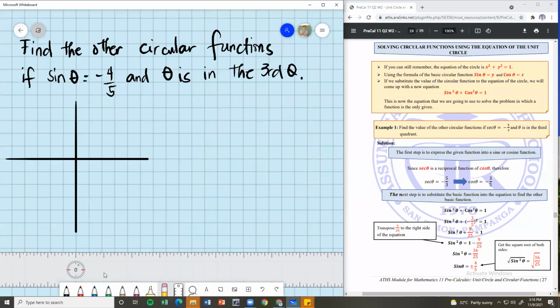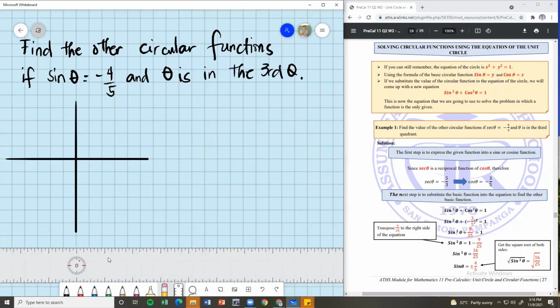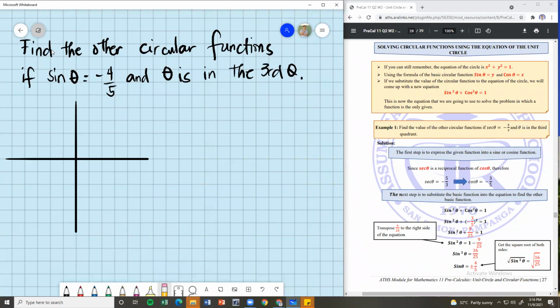And then, next, you have to find the other circular functions if sine theta is negative 4/5 and it is in the third quadrant. So therefore, you need to draw. This is the first quadrant, second quadrant, third quadrant, and the fourth quadrant. Kasi kailangan itong i-drawing. Ito kasi pinakamadaling paraan.